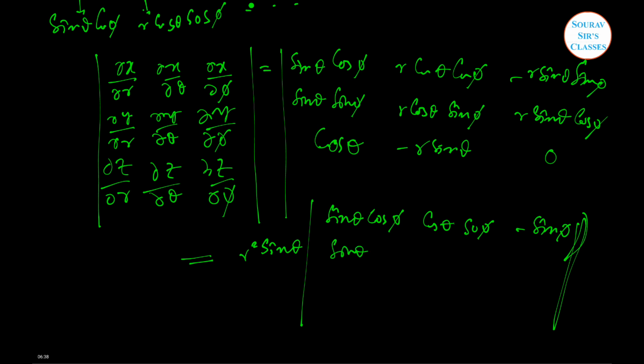And after that, sine theta sine phi, you have to take it common. This is cos theta sine phi, minus sine theta cos phi, and this one will be 0.